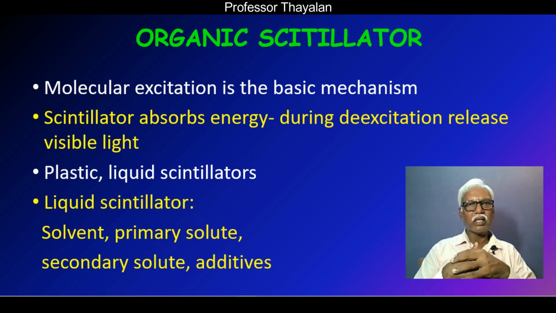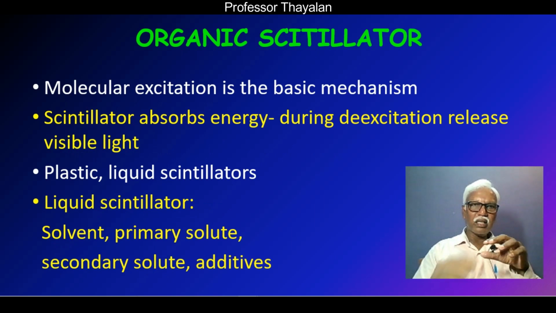Let us talk about the organic scintillators. The basic mechanism of the organic scintillator is molecular excitation. During the de-excitation, the scintillator absorbs energy and releases visible light. Organic scintillators may be plastic or liquid scintillators. In the case of liquid scintillators, it has solvent, primary solute, secondary solute and additive.